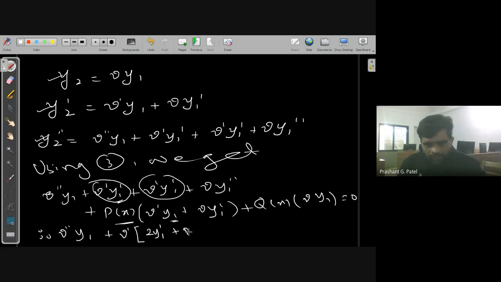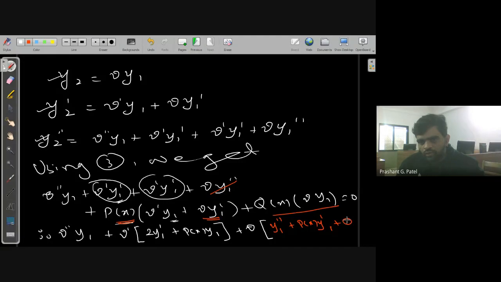So it is plus p of x into y1. Then there are the terms of v: y1 double dash, and when you multiply with v, plus p of x into y1 dash, plus the last term q of x into y1, equal to 0.